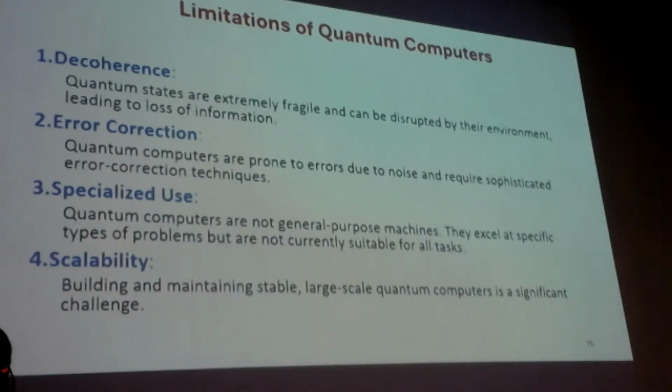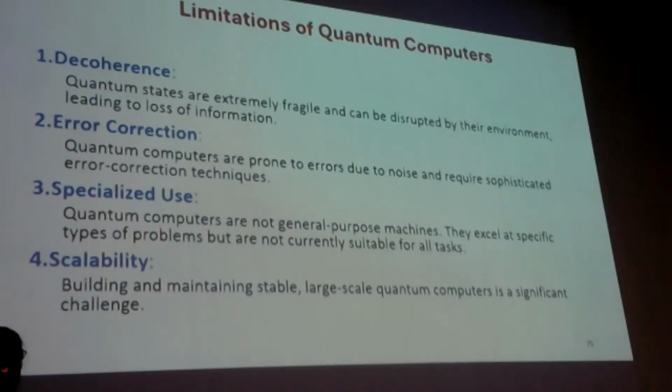Then specialized use, because they can solve certain complex problems, but not others. For example, you take a factorization problem to find the factors of a number. You can write a program in Qiskit for that also, but really, it takes more time than classical. So we should understand what kind of problems need to be solved using quantum computers and not try to solve every problem with them.